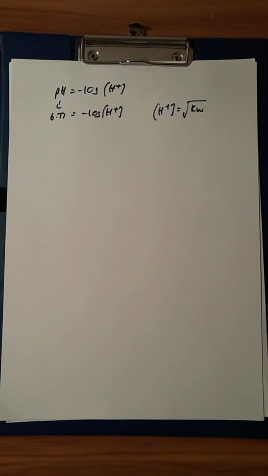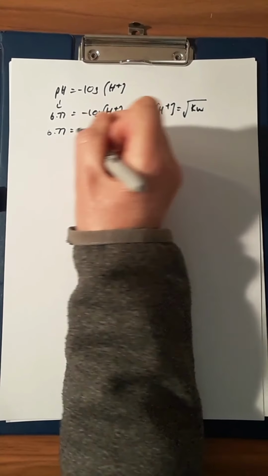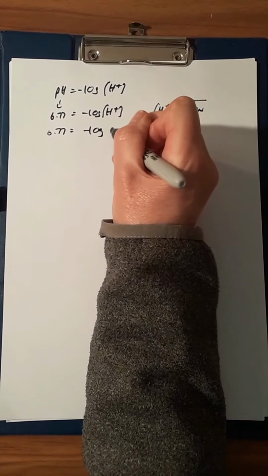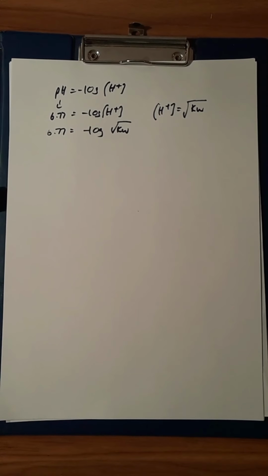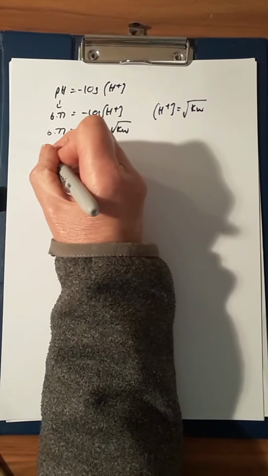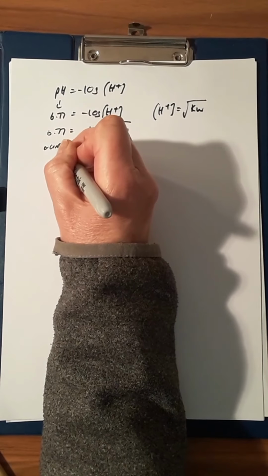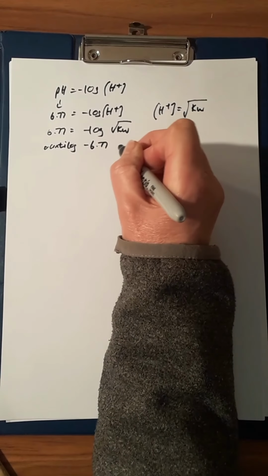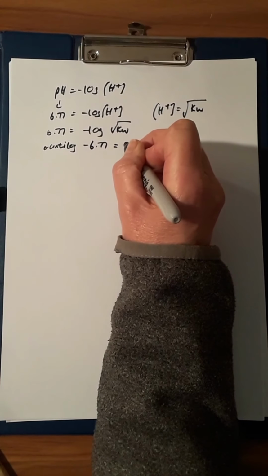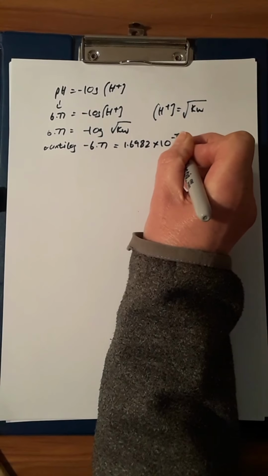So that's from today's work. So I can write this 6.77 equals minus the log of the square root of Kw. Now, if I get the antilog of minus 6.77, that gives me 1.6982 by 10 to the minus 7.